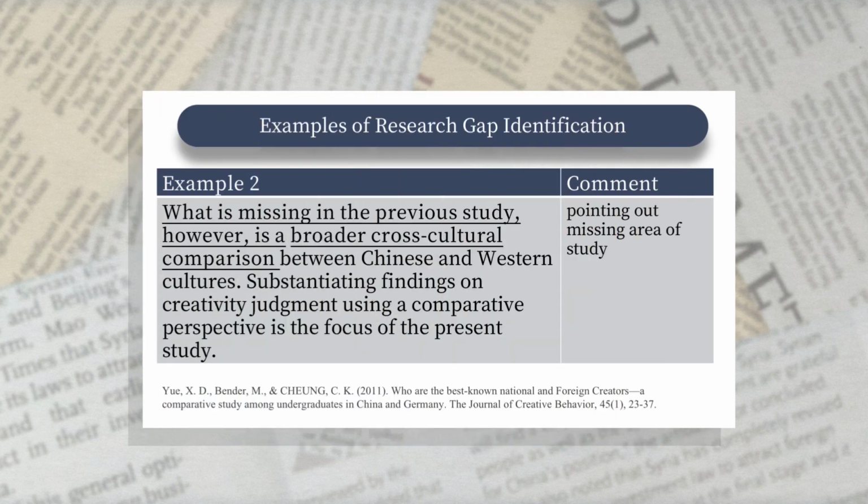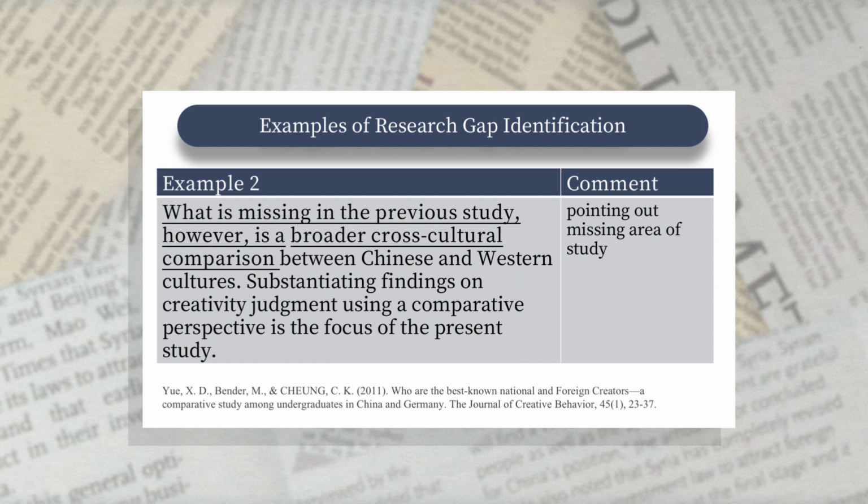Here's another example. What is missing in the previous study, however, is a broader cross-cultural comparison between the Chinese and the Western cultures. Substantiating findings on creativity judgment using a comparative perspective is the focus of the present study.